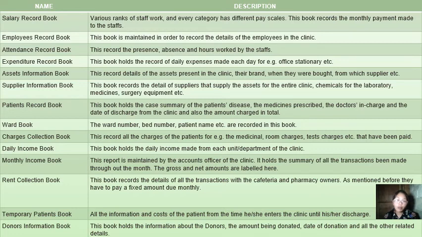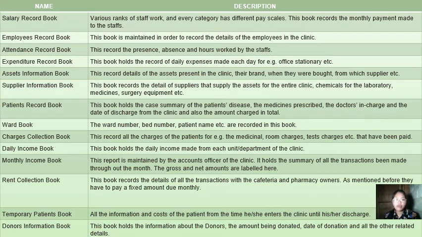Hospitals maintain a book pertaining to the salary information of all the employees in the salary record book. The part-time staff are paid according to the hours they work, and the full-time staff are paid on a monthly basis, and to record their presence, a book called the attendance record book has been issued.